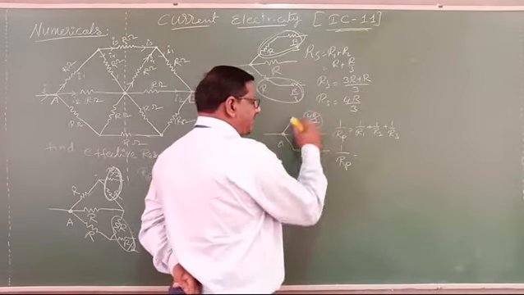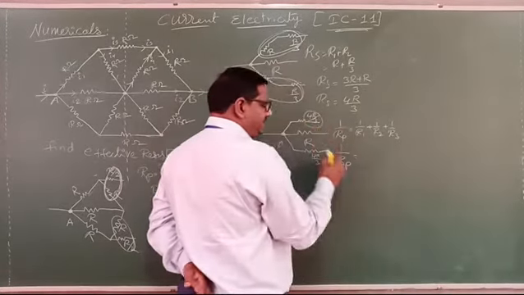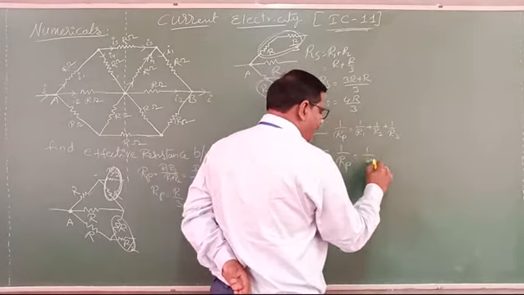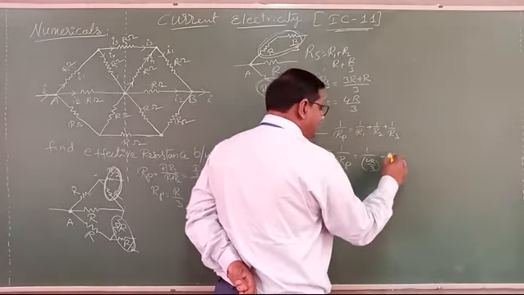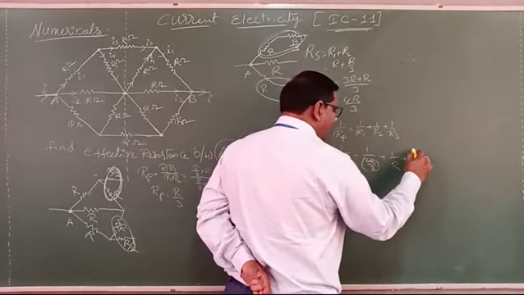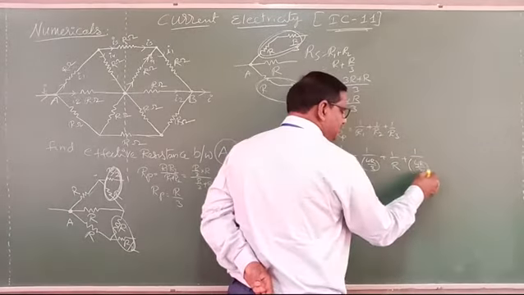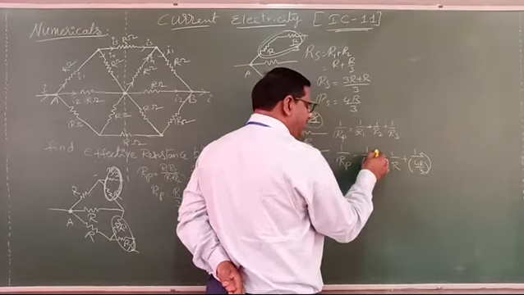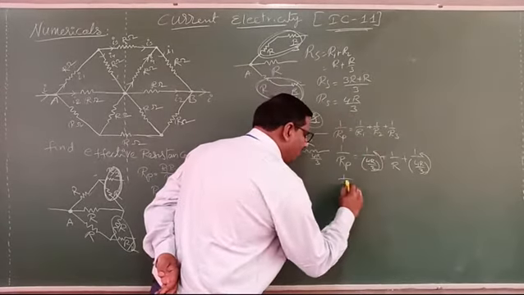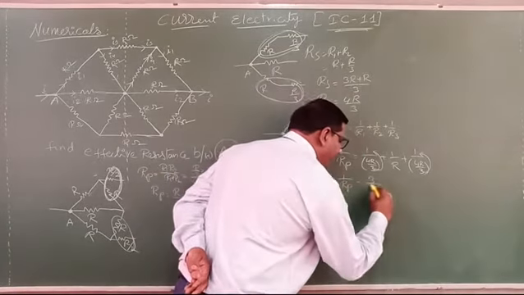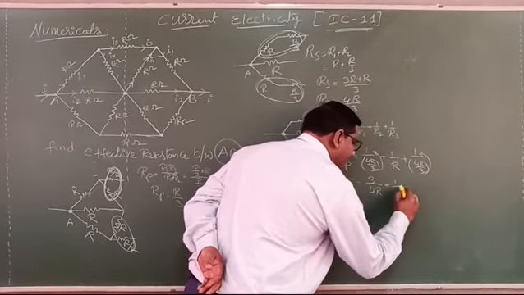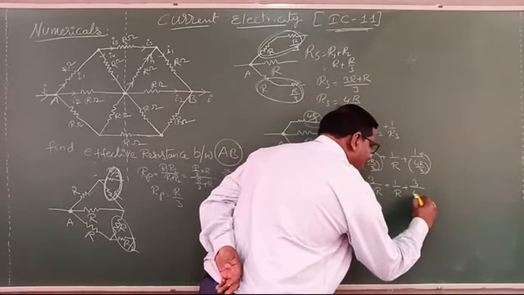Then 1 by Rp equal to, what can you write? Here the first resistor is 4R by 3. So 1 by 4R by 3 plus 1 by R plus 1 by 4R by 3. Now this 3 will move up, this 3 will move up. Then 1 by Rp equal to 3 by 4R plus 1 by R plus 3 by 4R.